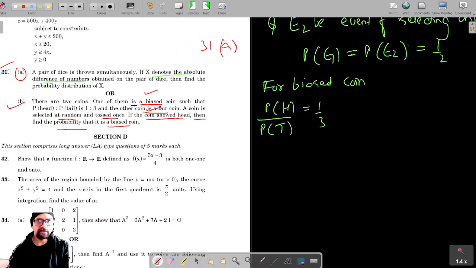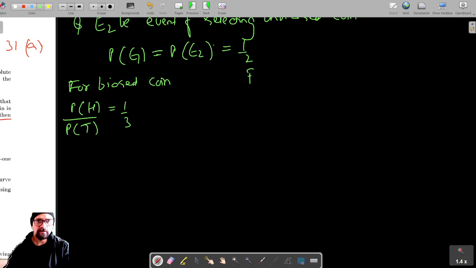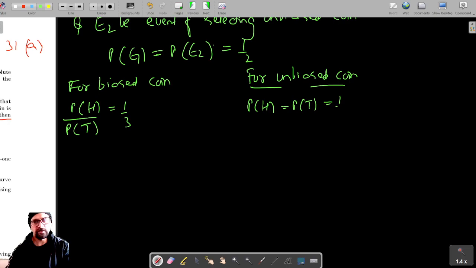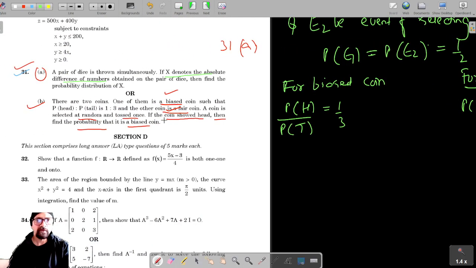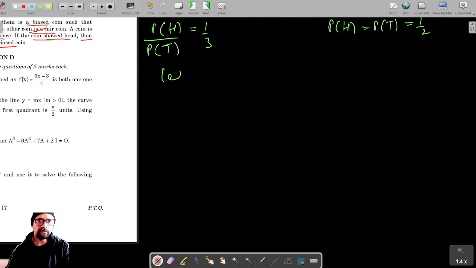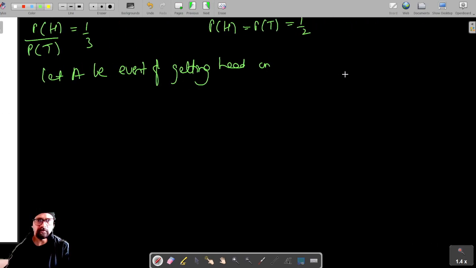And for the unbiased coin, we all know that the probability of head or probability of tail is 1 by 2. Now, we have to get head. So head is the common event. So let A be the event of getting a head on the selected coin.